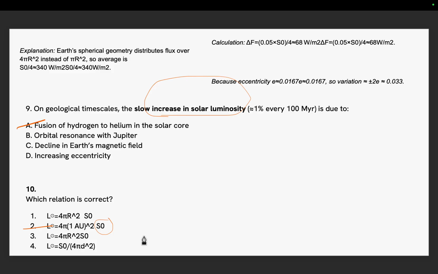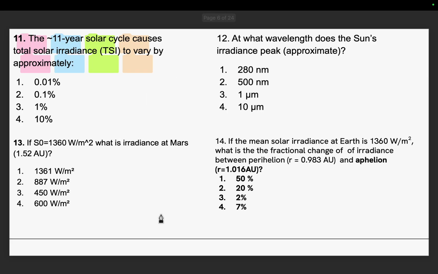Now we should go to question 11. In the 11-year solar cycle, the solar irradiance or the S0 value varies, and what is that variation? About 0.01%, 0.1%, 1%, or 10%?